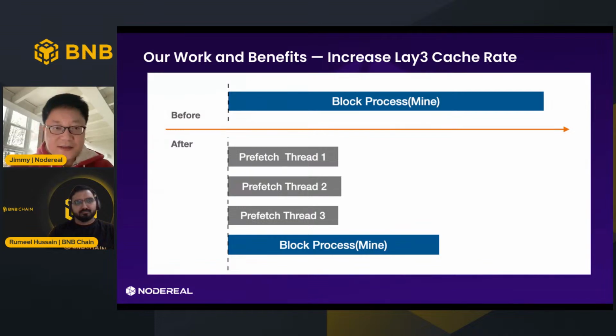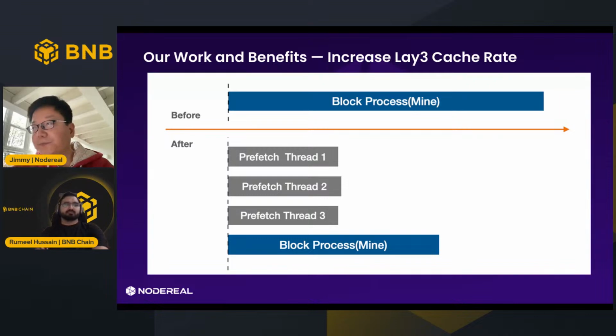By doing this, you can see here, we started the block process, the mining process. We started the prefetch thread in the backend, and the block processing time can be reduced. That means the whole mining time can be reduced as well.